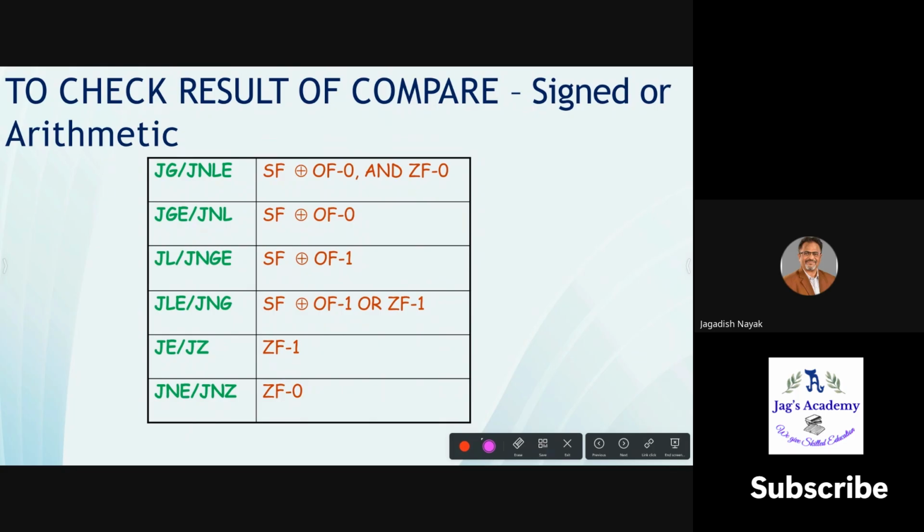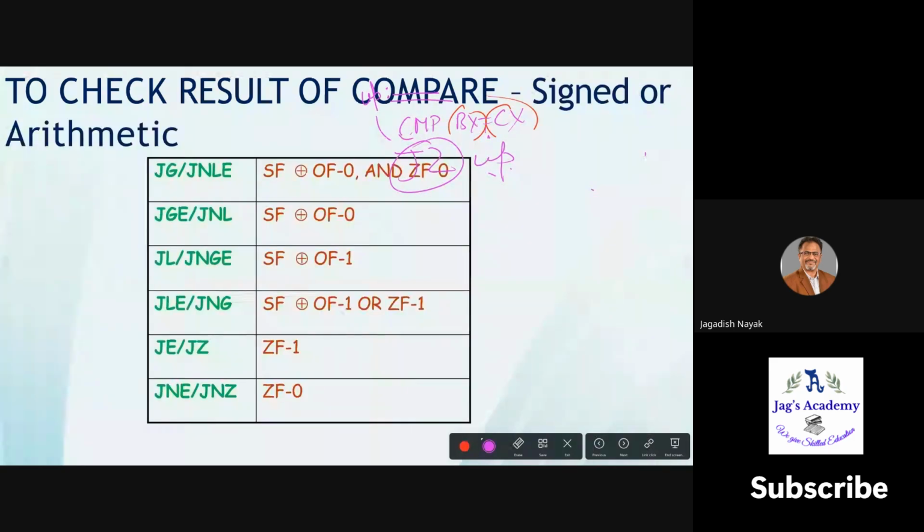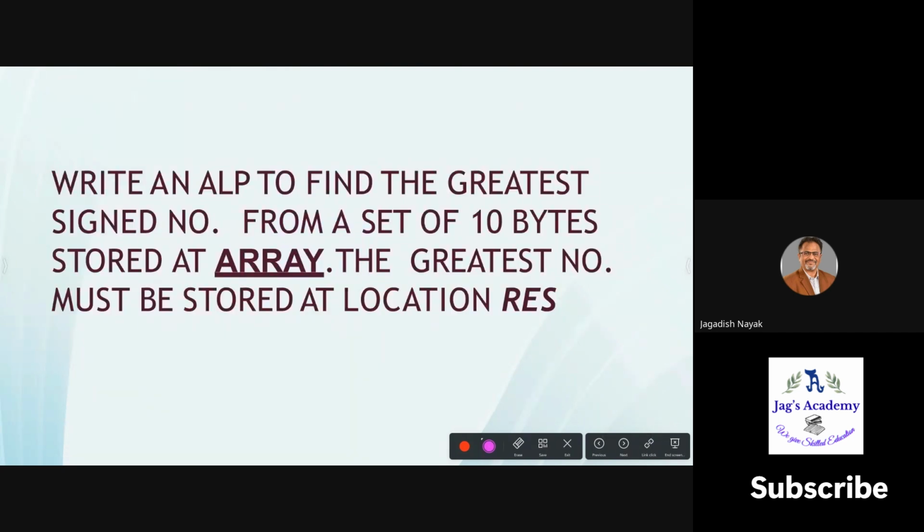These are used after the arithmetic operations or compare instructions. So this is normally used after the arithmetic instruction. Jump on greater equal. Try to know each and every point.